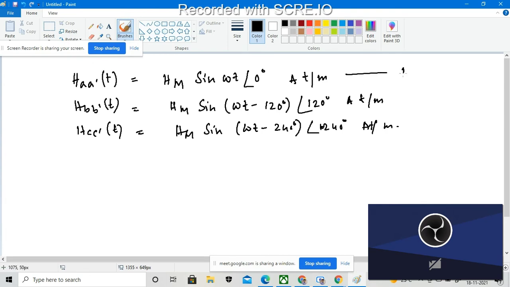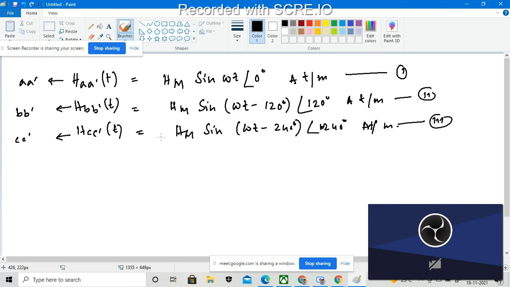So these will be the three equations we are considering: magnetic field intensity for the three different coils, or we can say it's a three phase coil, right?